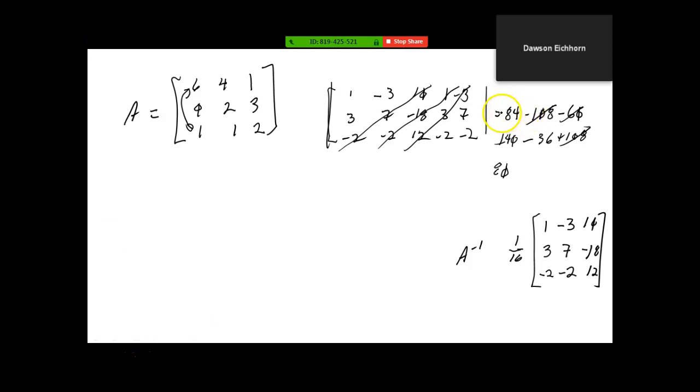The last two would give me 164 minus 36, which is 128, right? Yep. Now that's the determinant of that part.